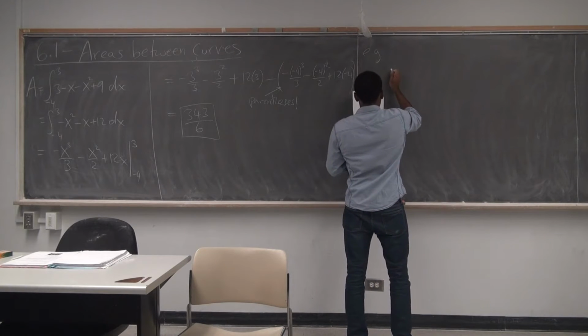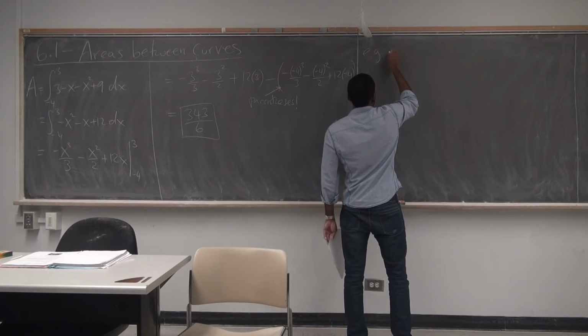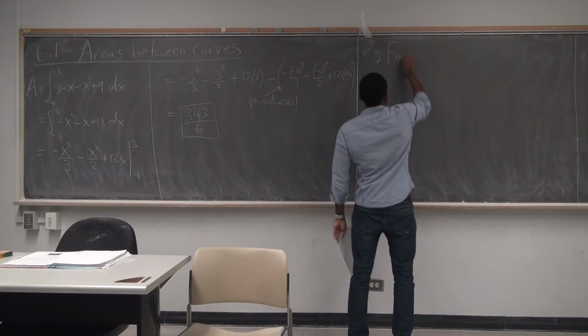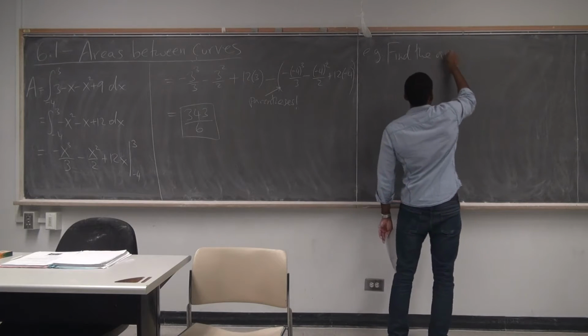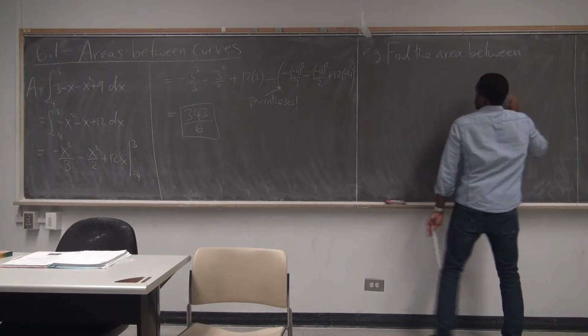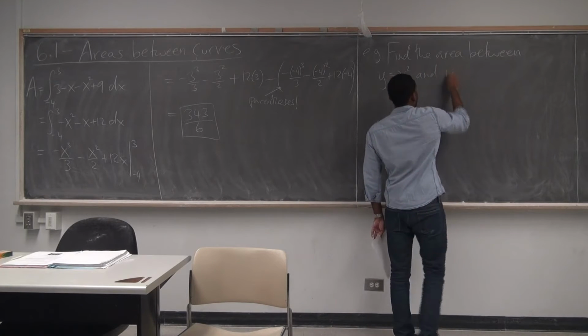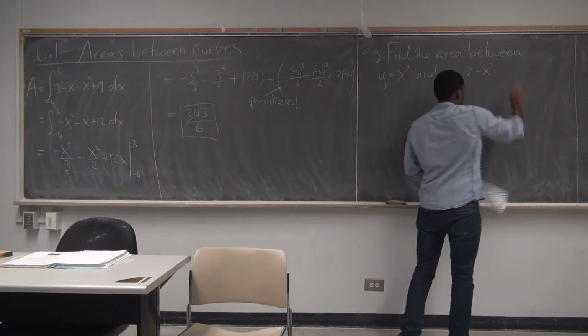Here are two functions. Find the area between y equals x squared and y equals 2 minus x squared.